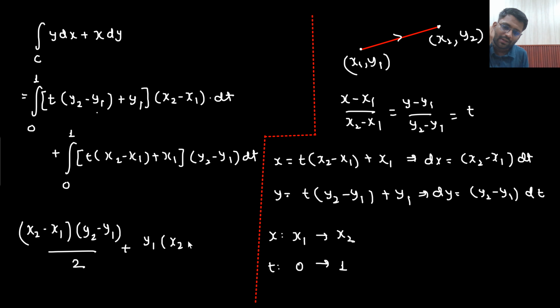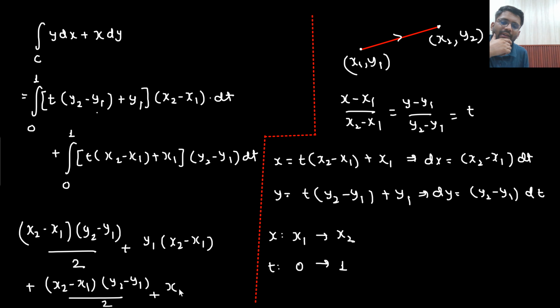If you solve this one, it will come out to be (x2 minus x1)(y2 minus y1) divided by 2, plus x1 into (y2 minus y1). This is what you will be getting, right? This is the result of the integral.